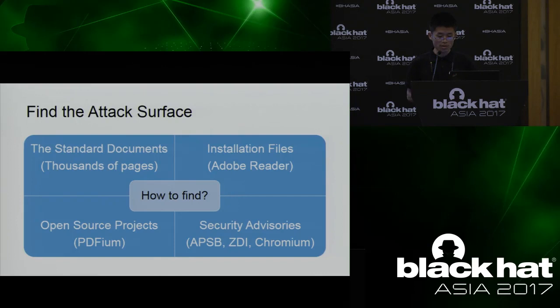And the fourth one is to watch the security advisories, such as APSB, which stands for Adobe Product Security Bulletin, and ZDI's security advisories, and Chromium's security issues. For time reasons, I'll just talk about the second and the third methods here.